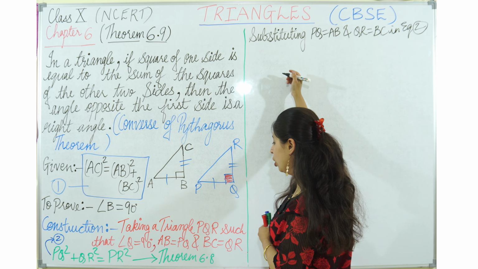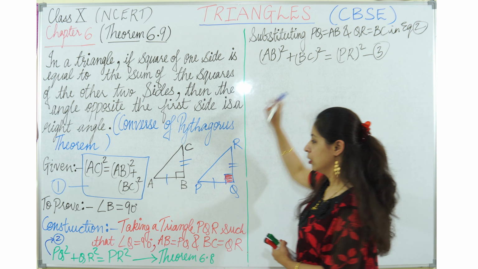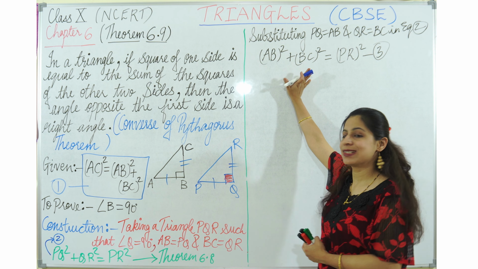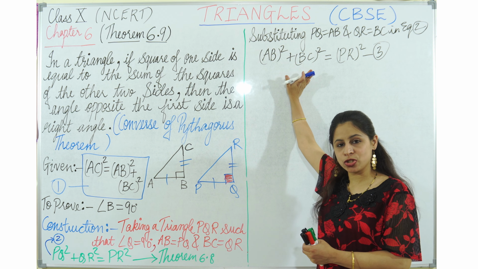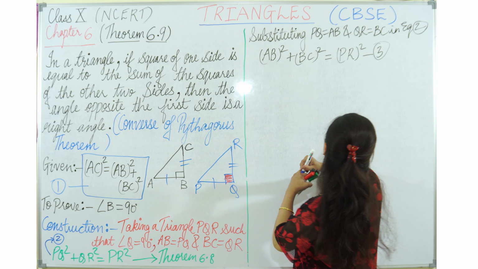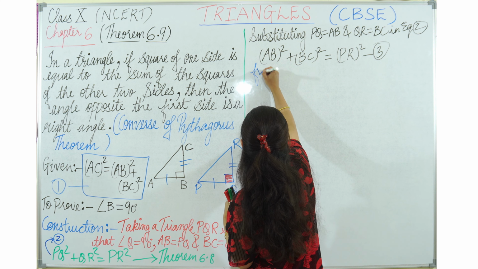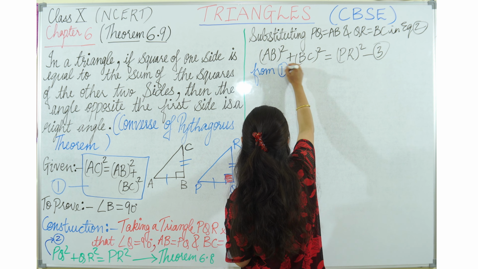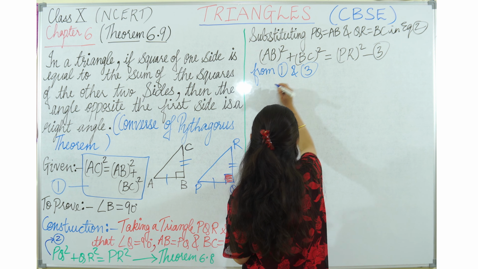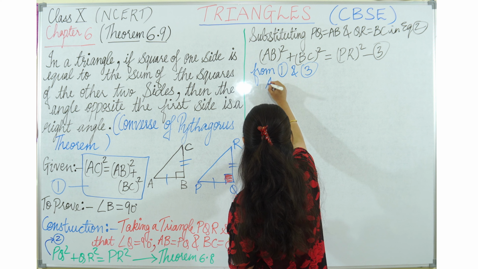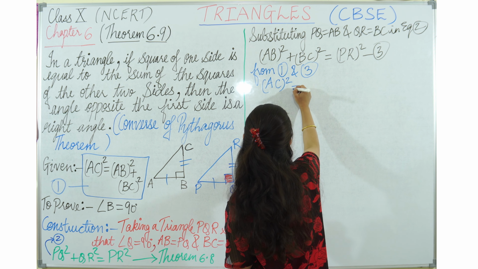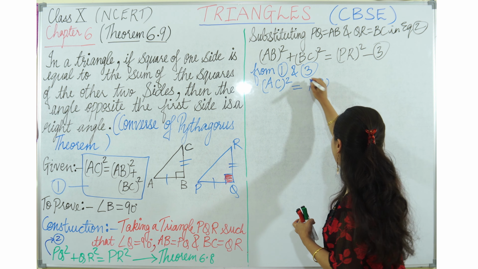So from 1 and 3 we can clearly see that AB square plus BC square is common. So this LHS is common over here, so the RHS can be equated. From 1 and 3 we will be getting AC square equal to PR square.